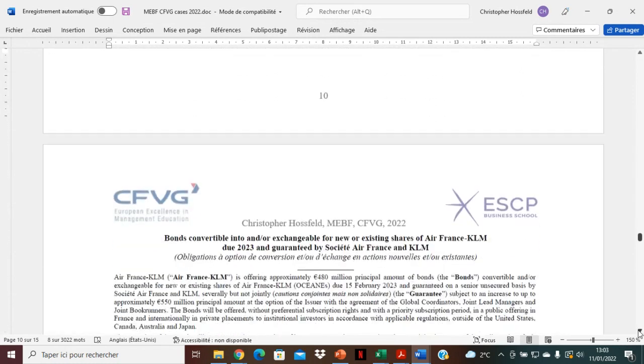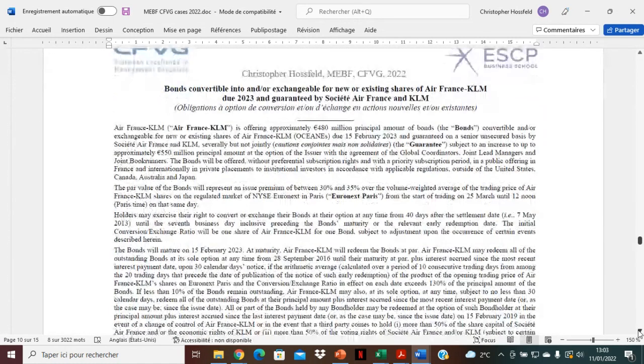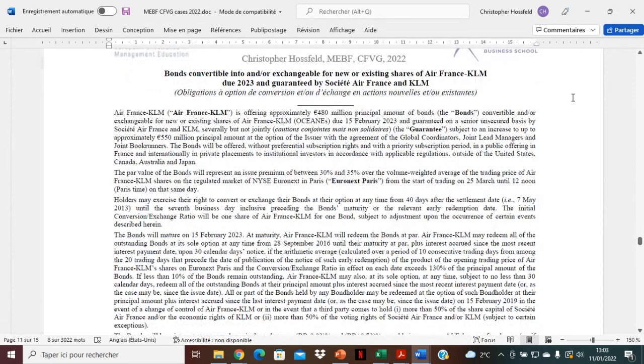So the excerpts that you have here are from the so-called issuance prospectus. When a company issues financial instruments, in the European Union and elsewhere in the world, the company has to issue a prospectus, which means a document that describes all the features of the financial instrument.